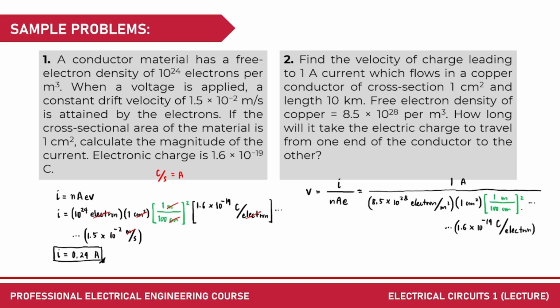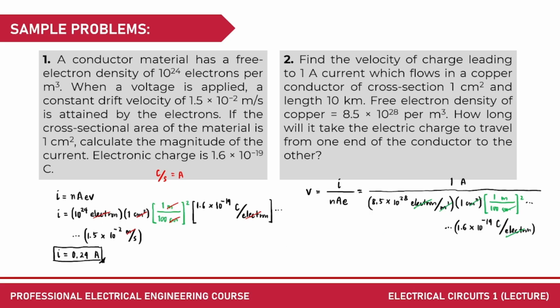Okay, so this quantity is the continuation of the quantity in the denominator. We now eliminate the electron, the square centimeter and the cubic meter, and we get the velocity in meter per second.